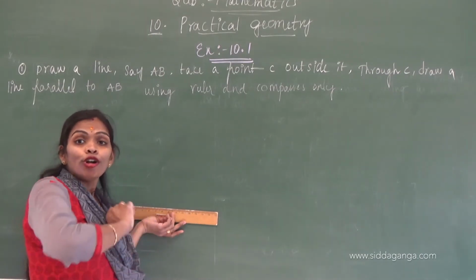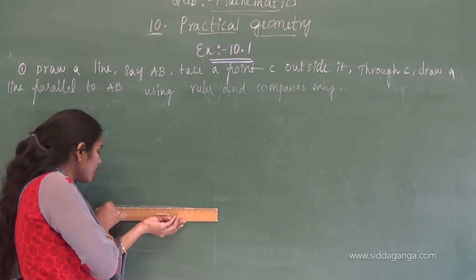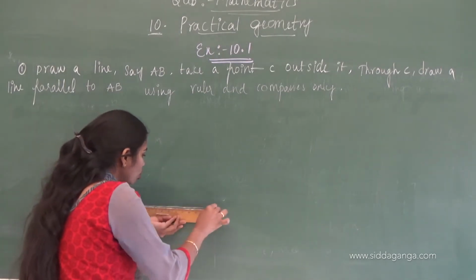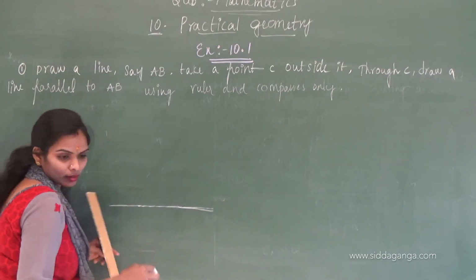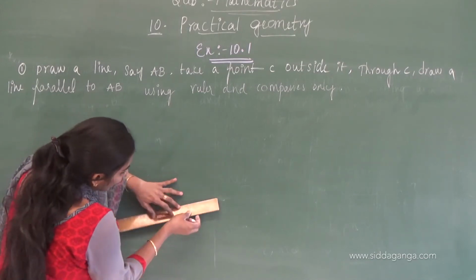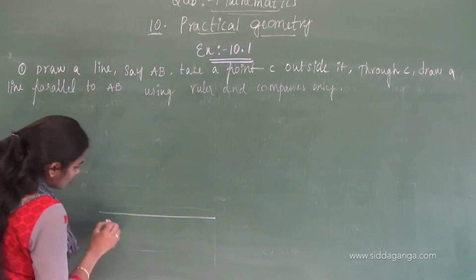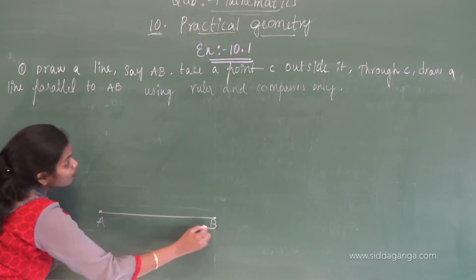We have to draw one line segment and the name of that line segment is AB.